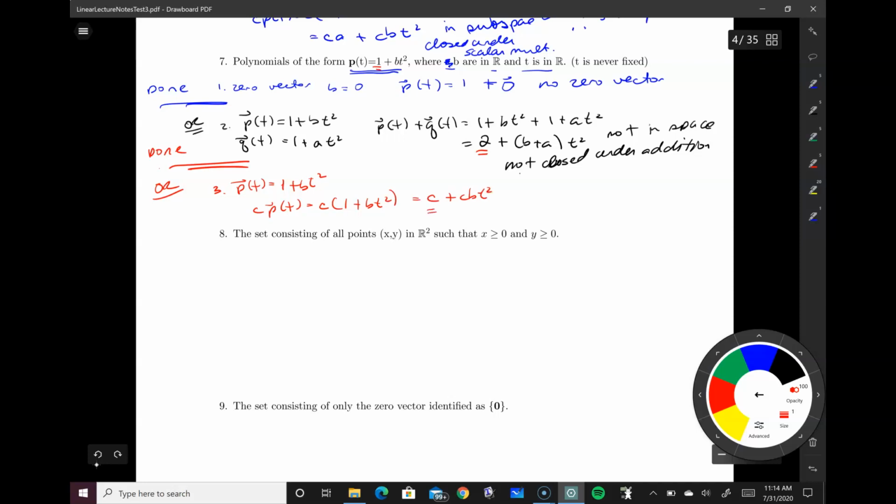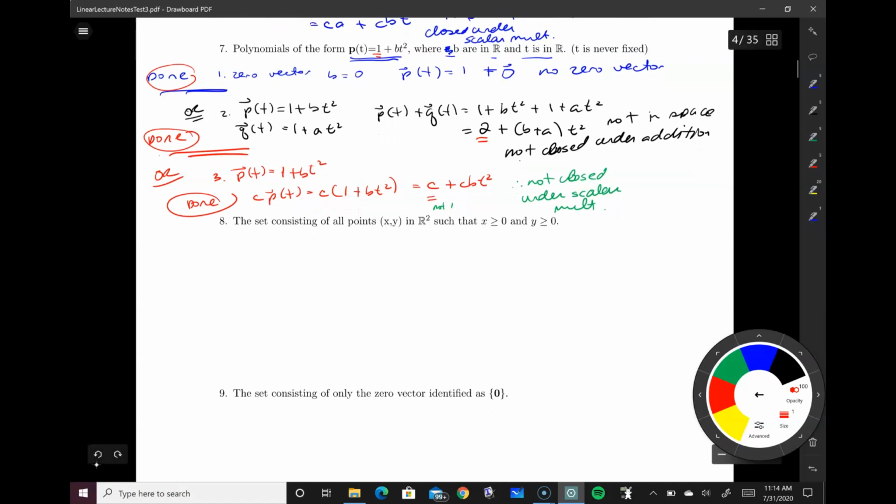This is not 1, so it is not closed under scalar multiplication. So any one of these would have been enough to show that it was not a subspace. This one or this one or this one. So this one fails on all criteria.